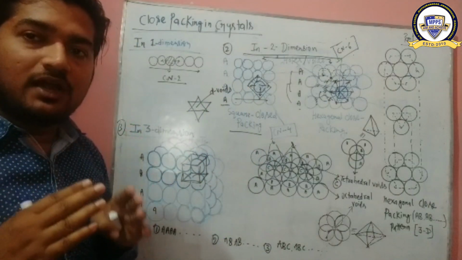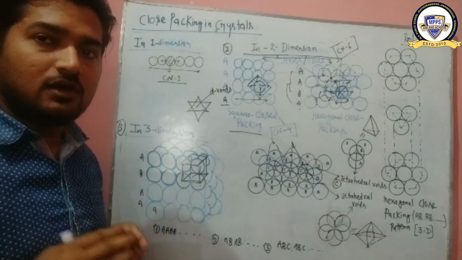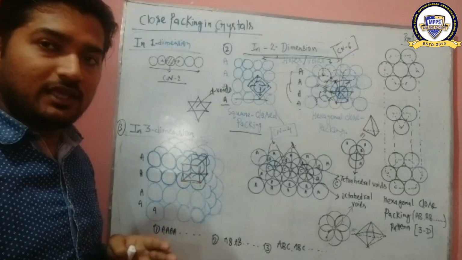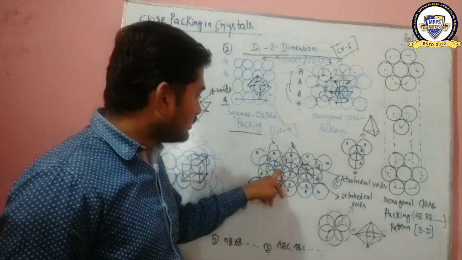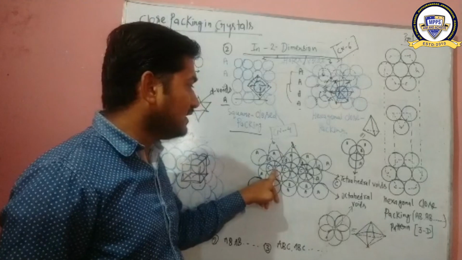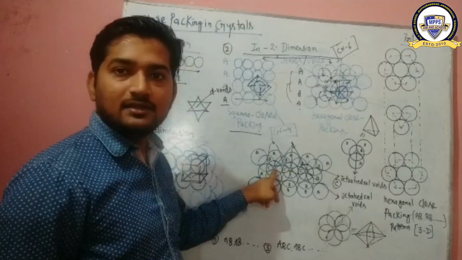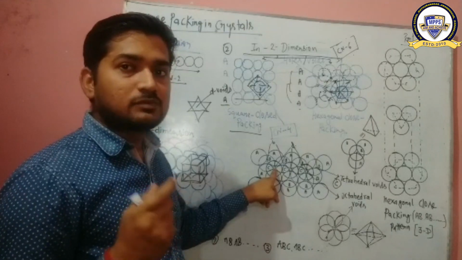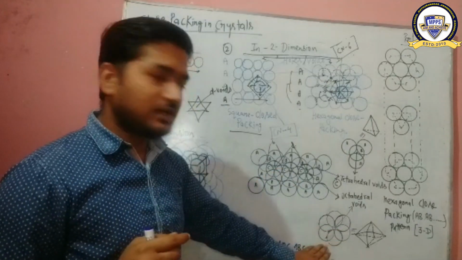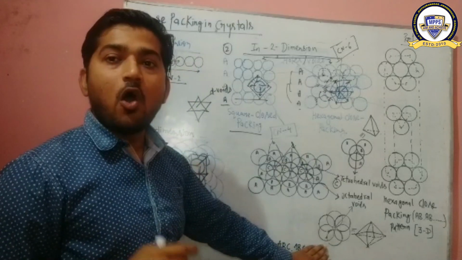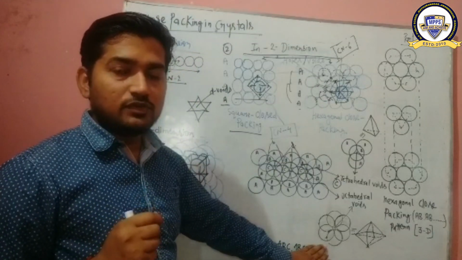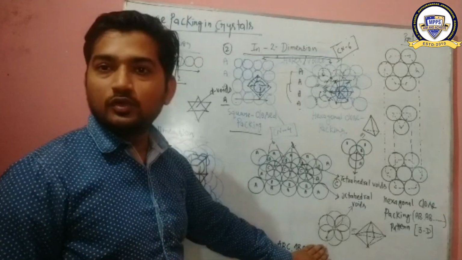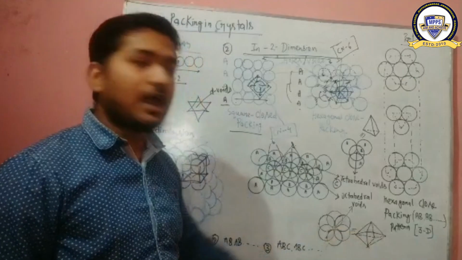That means D voids are formed by the merging of two voids, that is A and B or A and C. So this one shows A and C type of arrangement, and this forms D voids. And the specific structure of D, look at here, this structure shows the octahedral voids, in which six particles surround each other and form an octahedron.